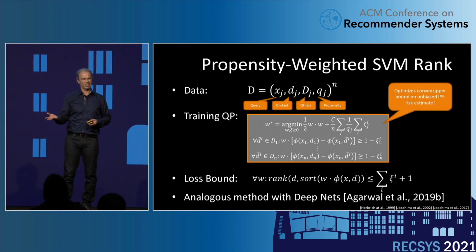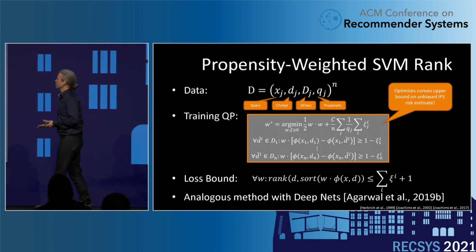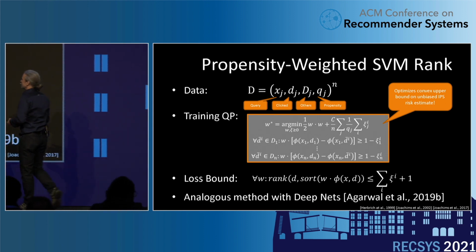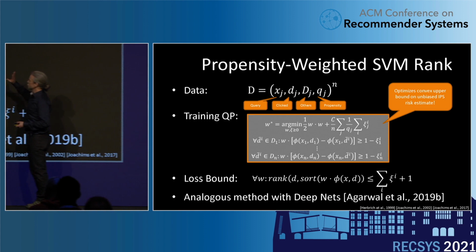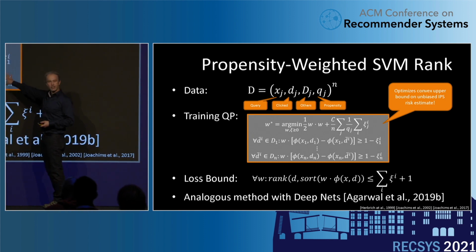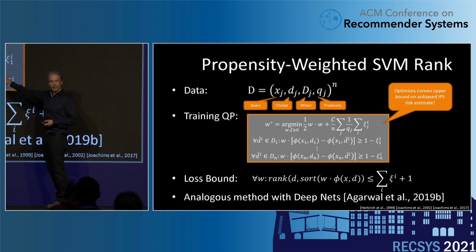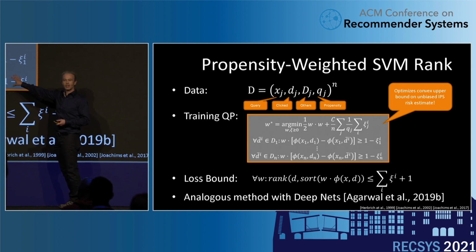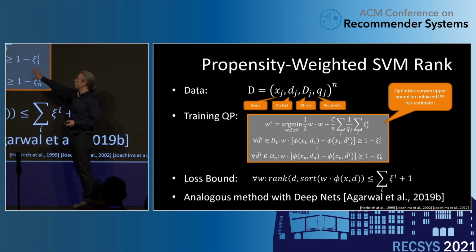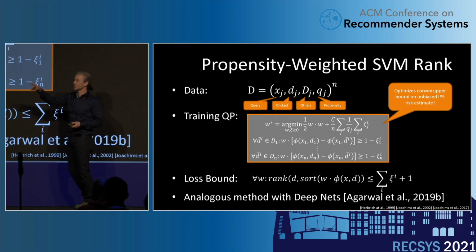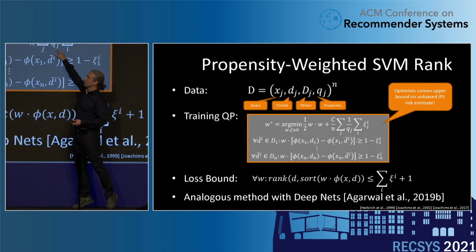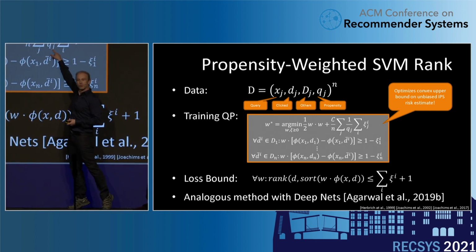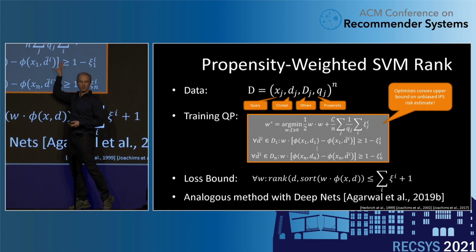That's actually pretty easy. How to solve this optimization problem is here, and this is just for one algorithm. This is a ranking SVM. If you know a ranking SVM, you will realize that the only difference in this whole thing is that there is a factor 1 over the probability, 1 over Q in here. The rest is exactly the same.